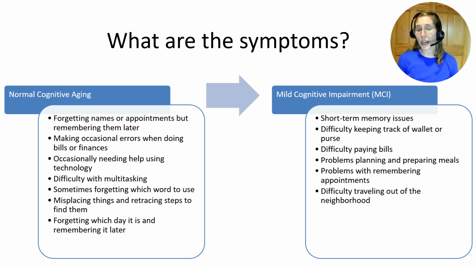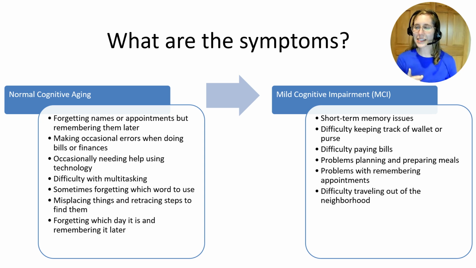Making occasional errors when doing bills or finance, occasionally needing help with technology, difficulty with multitasking, sometimes forgetting which word to use and recognizing that this is hard for you, misplacing things but having the ability to retrace your steps to find them, forgetting which day it is and remembering it later.